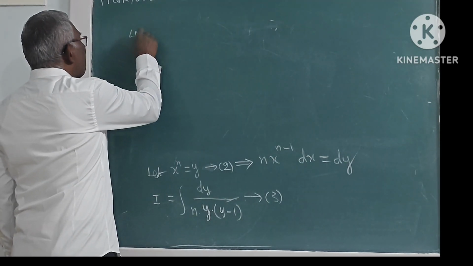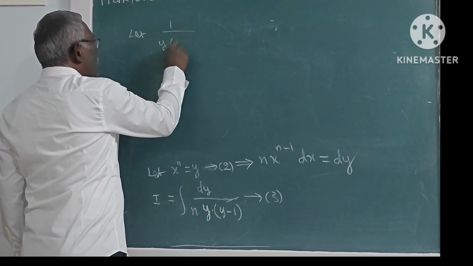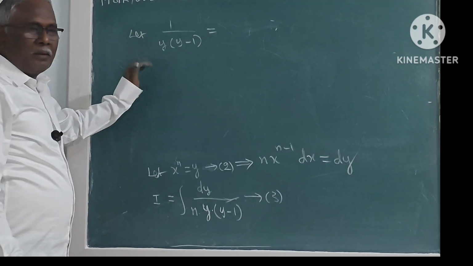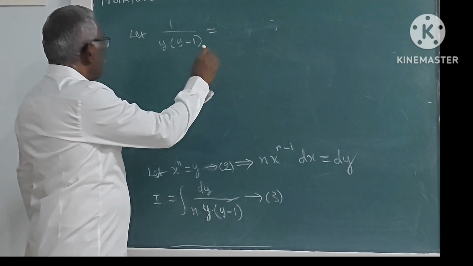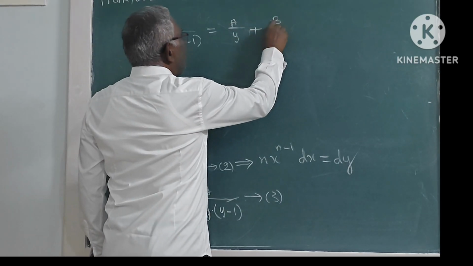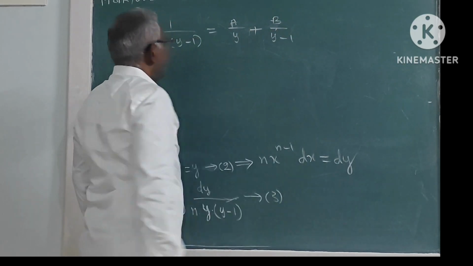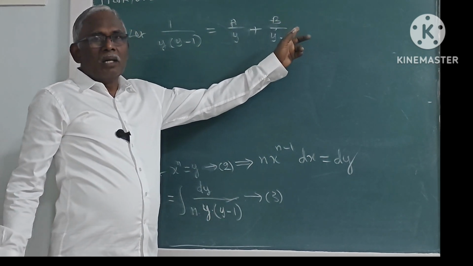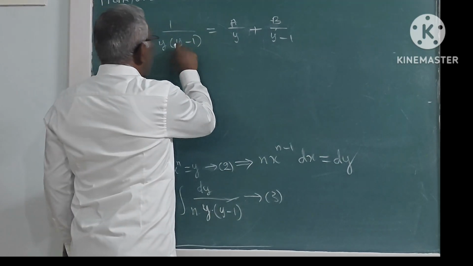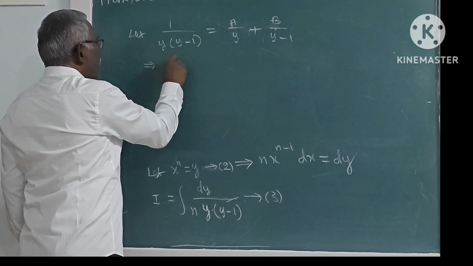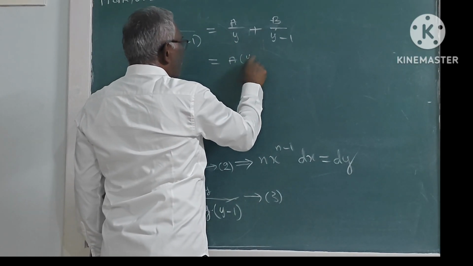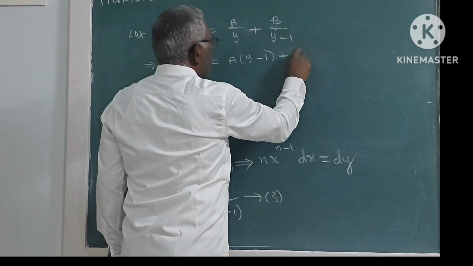Let 1 by y into y minus 1, using the partial fraction method, be a by y plus b by y minus 1, where a and b are arbitrary constants which we have to find. Multiply throughout by y into y minus 1, we get 1 is equal to a into y minus 1 plus b into y.